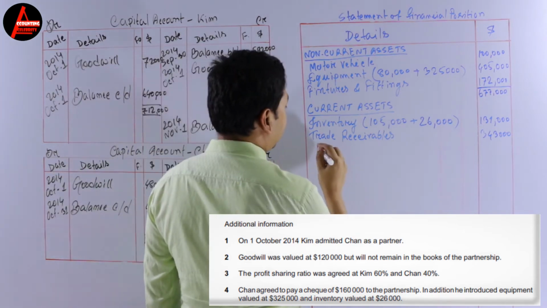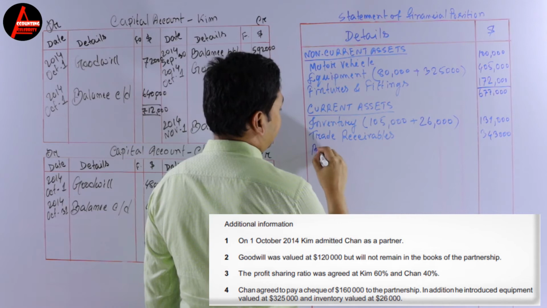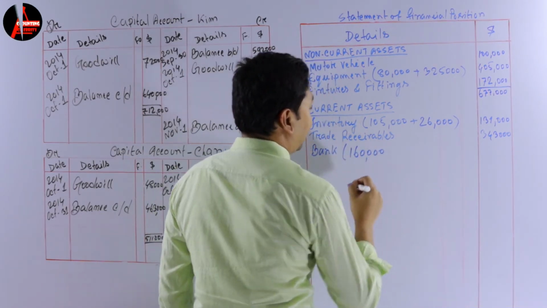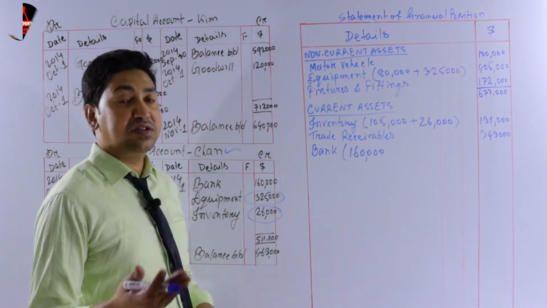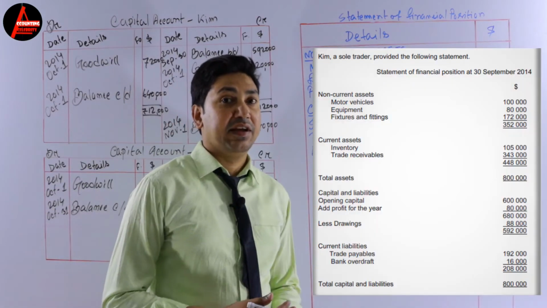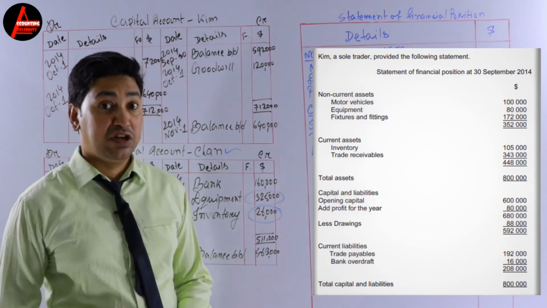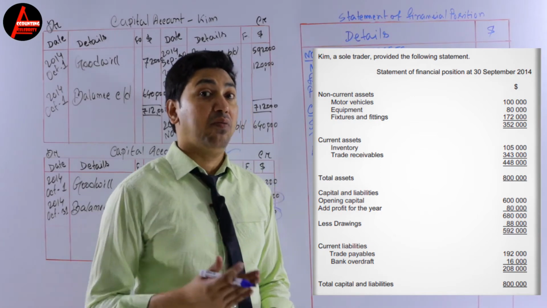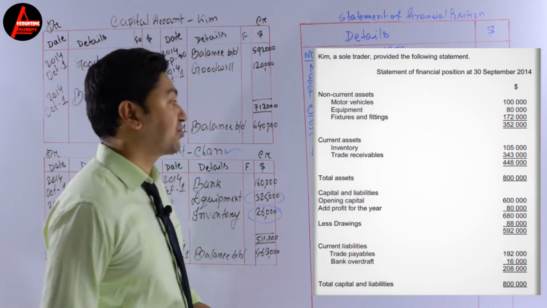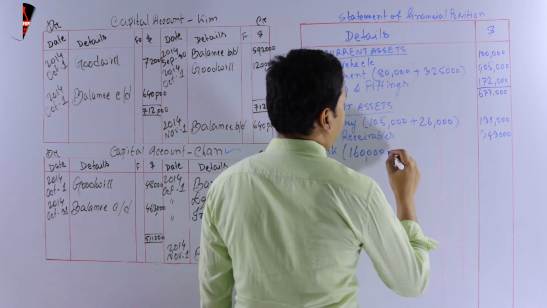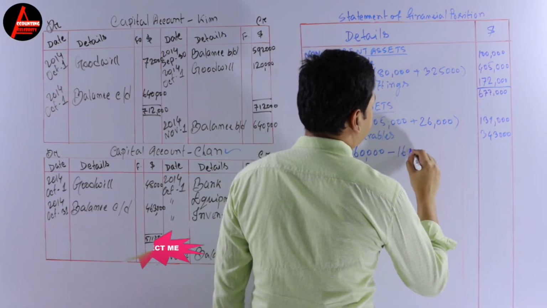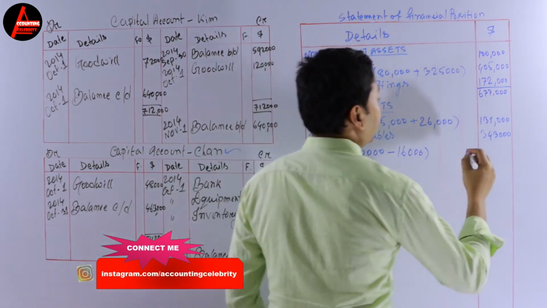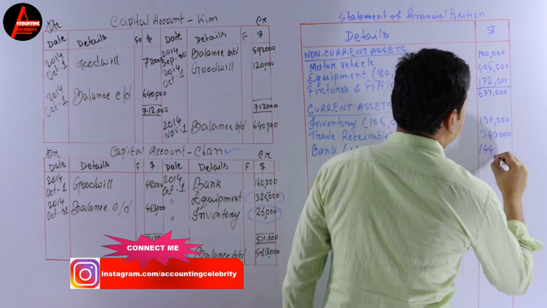So let us write here bank, $160,000. Now what is the present balance, the current balance of bank in the statement of financial position? It is $16,000 and it is an overdraft. So let us subtract this overdraft from this bank balance. Then the current bank balance will be $144,000.